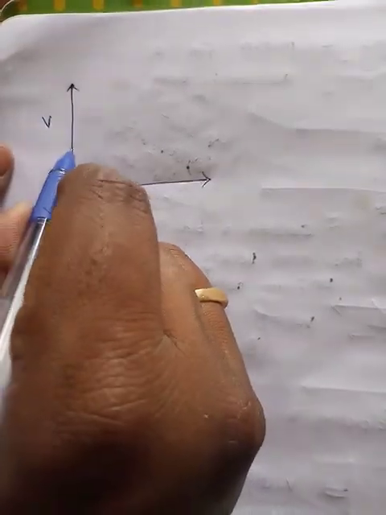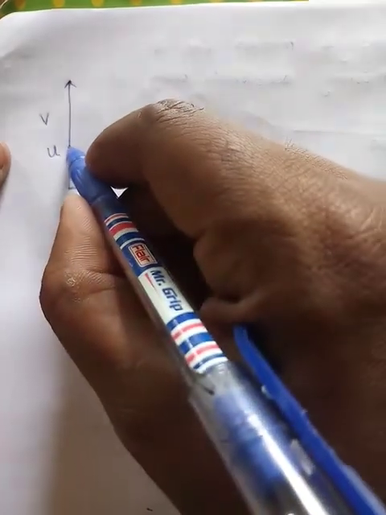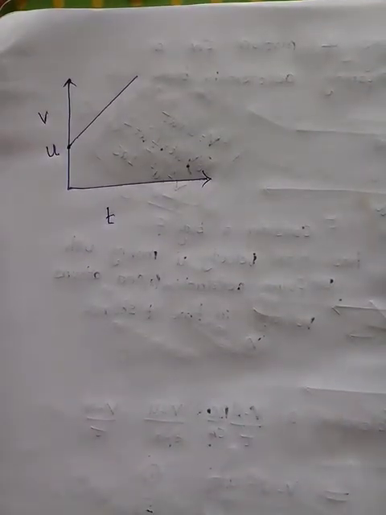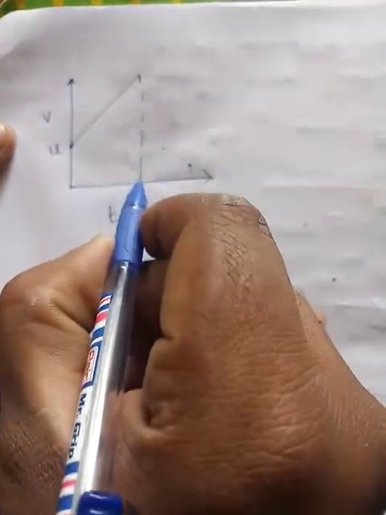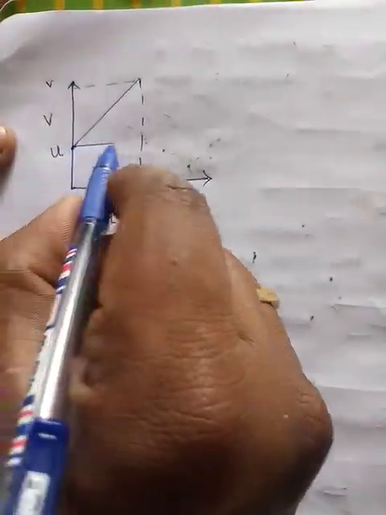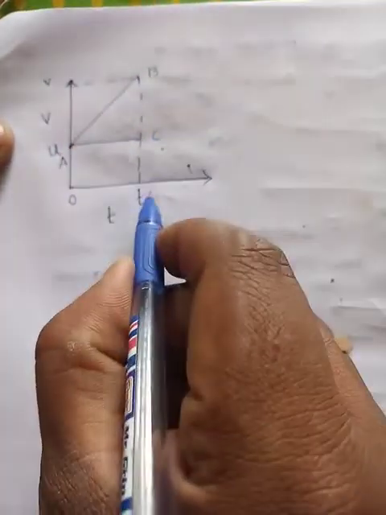In this, a body has initial velocity u and it moves with uniform acceleration in a time interval t seconds, extended from 0 to t, and it attains a velocity v. So, let us note these points as A, B, C, D. We will write the same story.